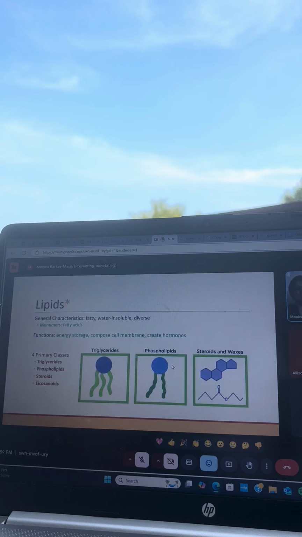Okay, now going on to the biological macromolecules, lipids. What are the monomers of lipids? Fatty acids. And what is the function of lipids?